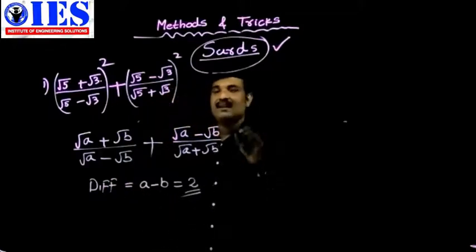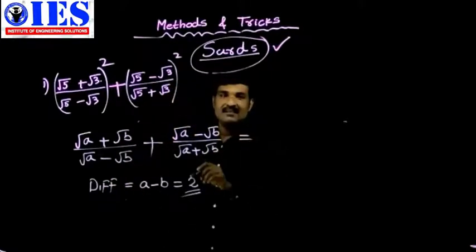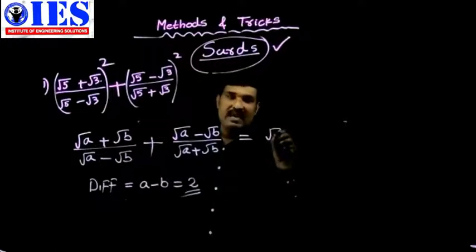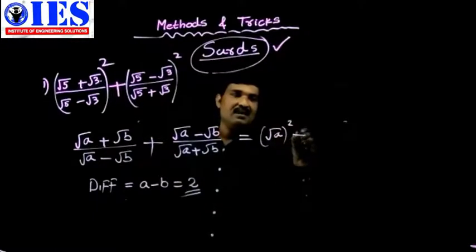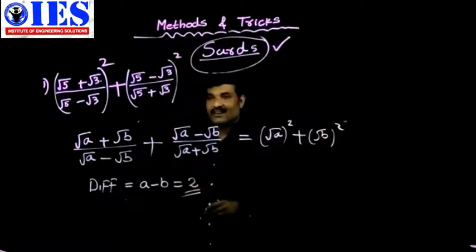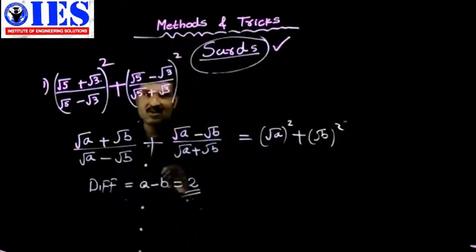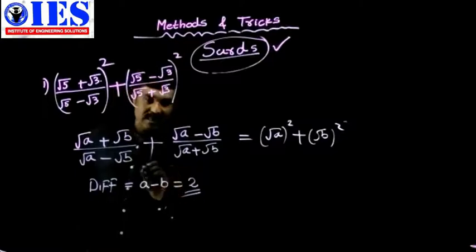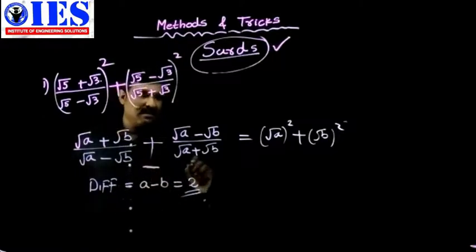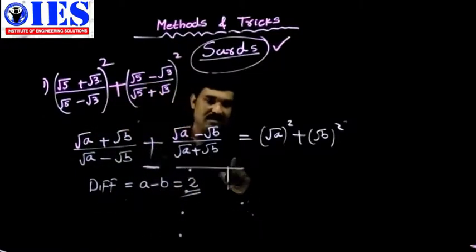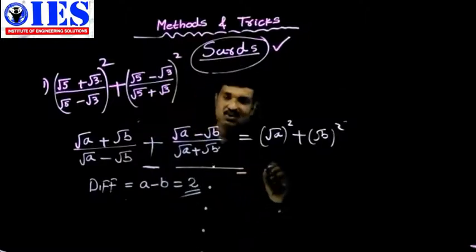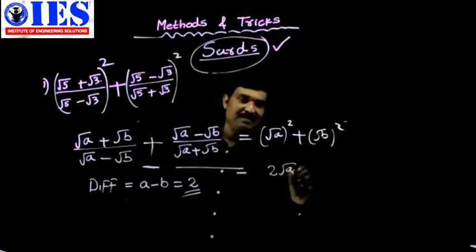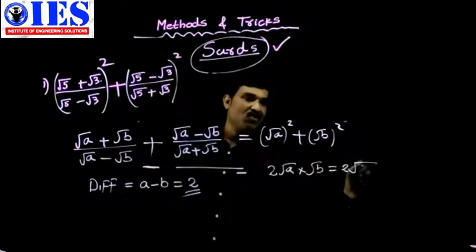then we can simplify this as square root of a the whole square plus square root of b the whole square. If instead of plus we have minus, then the answer is 2 times square root of a multiplied by square root of b, or 2 times square root of a into b.